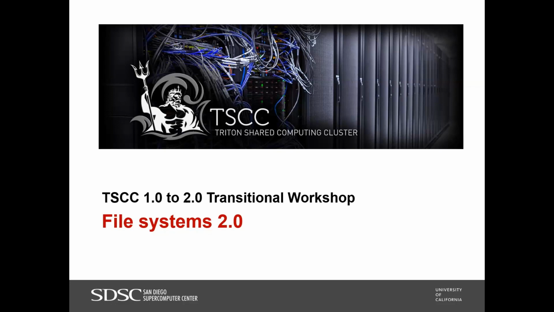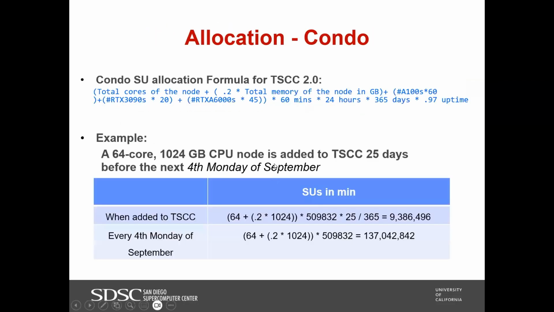Another question has come in regarding yearly charges for condo users: flat rate or according to hardware capabilities? So for the charging part, it's related to the type of hardware you are using.